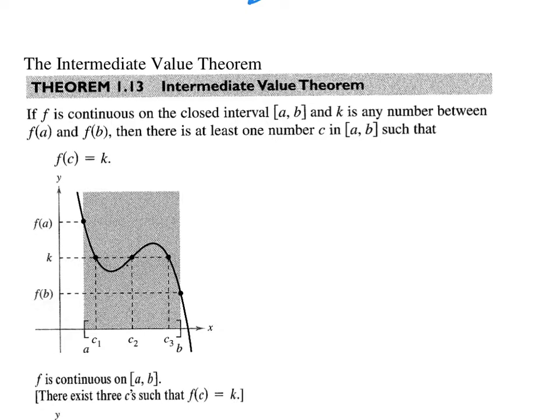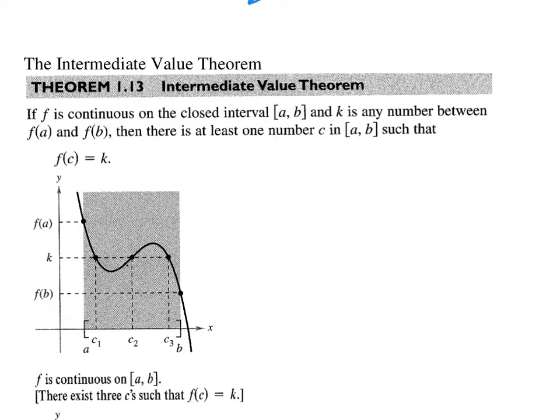So we said that on the left-hand side, like here at A, if the limit as x approached A from the right equaled f of A, then we said it was continuous from the right at A.